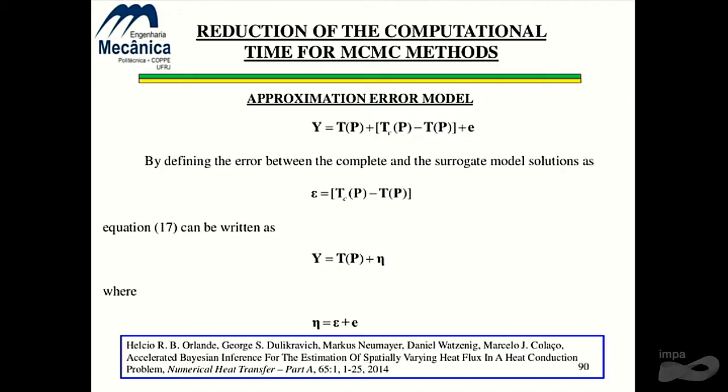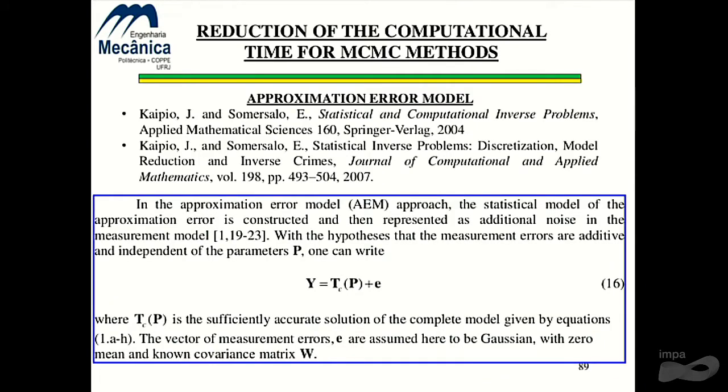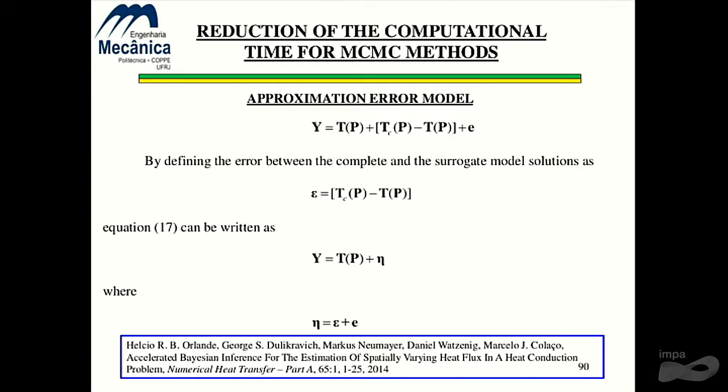So I'm going to add and subtract here the reduced model, T. Okay? And when we do this, we notice that there appears the error between the complete model and the reduced model. Okay?